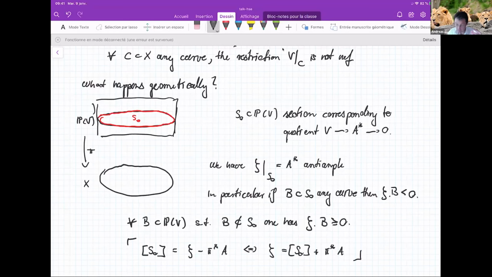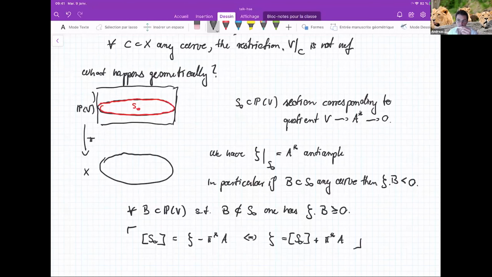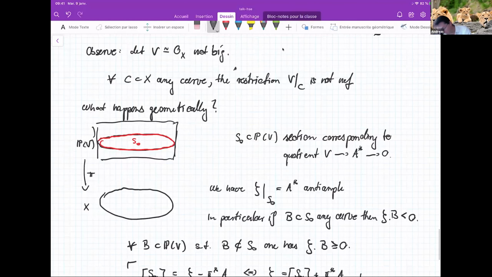Okay, so we've got these two different kinds of curves: those which live in S0, where I will have negative intersection numbers, and then all the others, on which I'm not negative. So what's the difference between these two points of view?